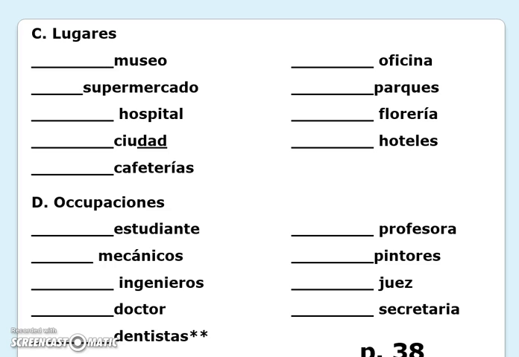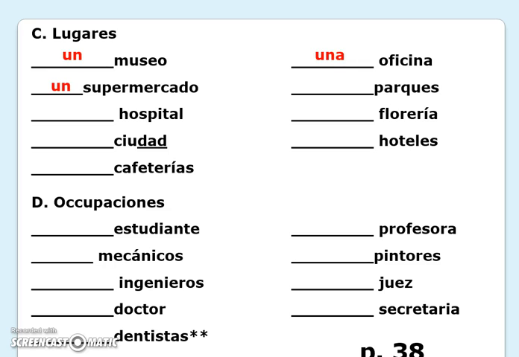Continuing with places and occupations, again using un, una, unos, or unas. Go ahead and pause the video and answer these, and then check your answers. Un museo, masculine, singular, for a museum. Una oficina, an office, feminine, singular.